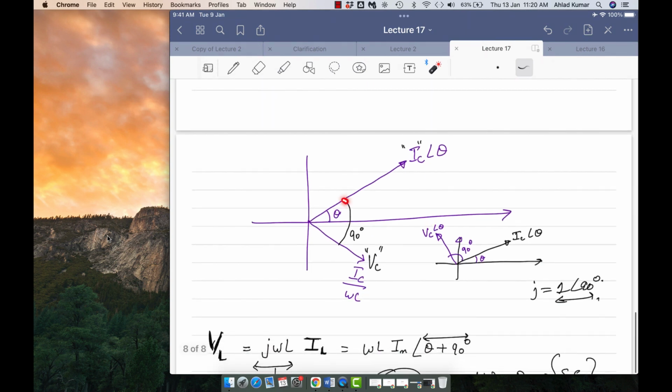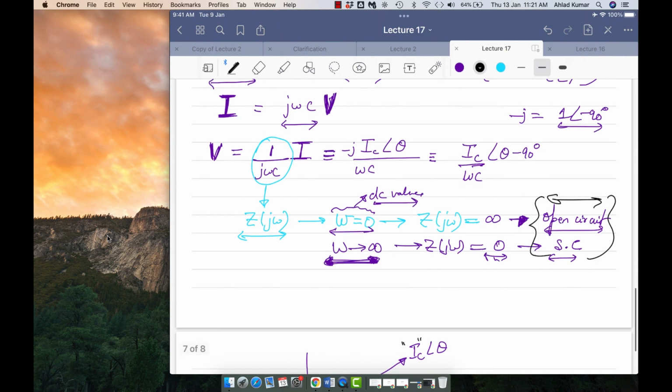So it is 90 degrees below, or lagging, this IC. So this is the voltage VC, and the magnitude of this vector is IC by omega C, which is given over here.